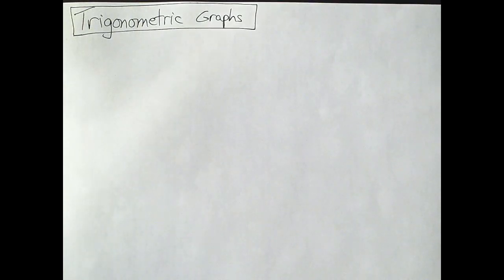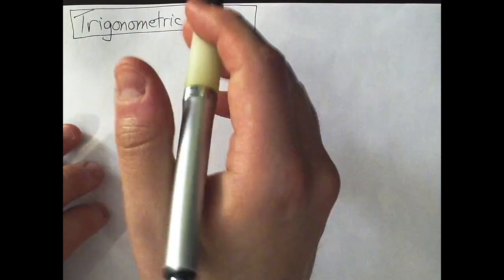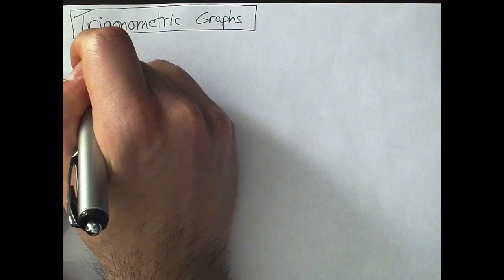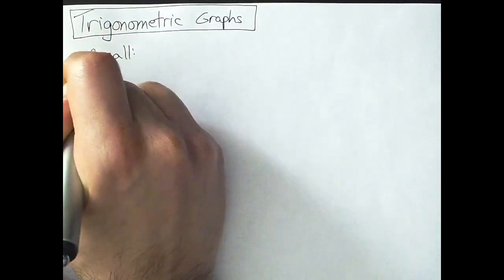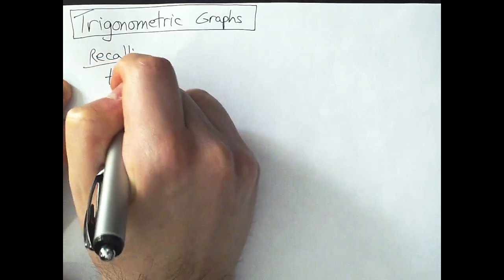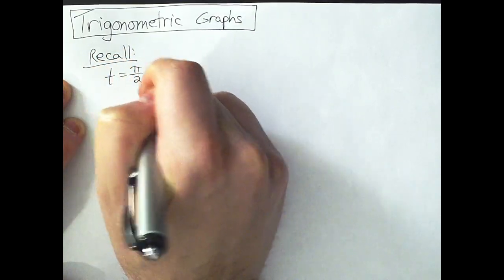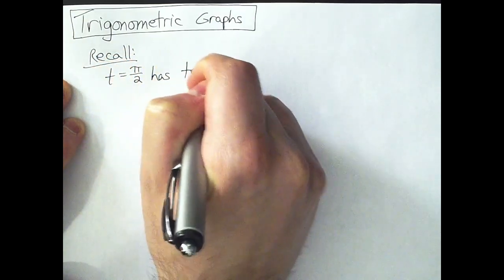Trigonometric graphs. This lesson is just going to cover the graphs for sine and cosine, and we'll have another lesson that covers the other trig function graphs. In previous lessons, we've said t equals pi over 2 has terminal point.